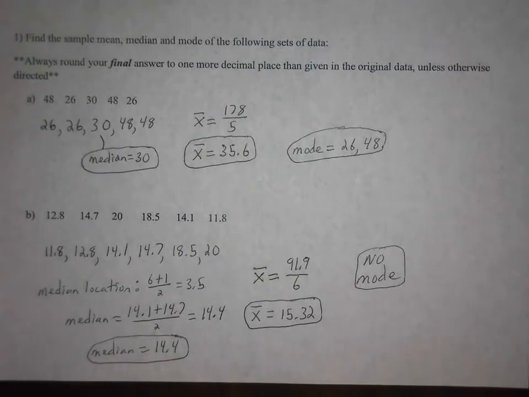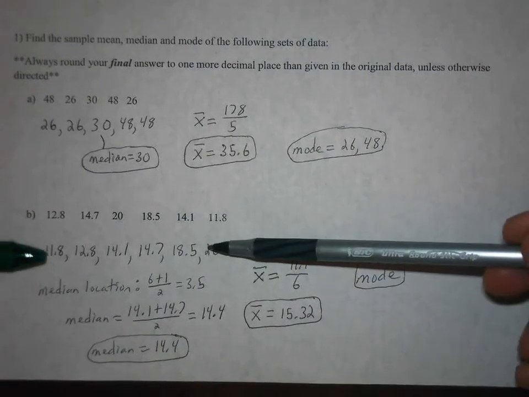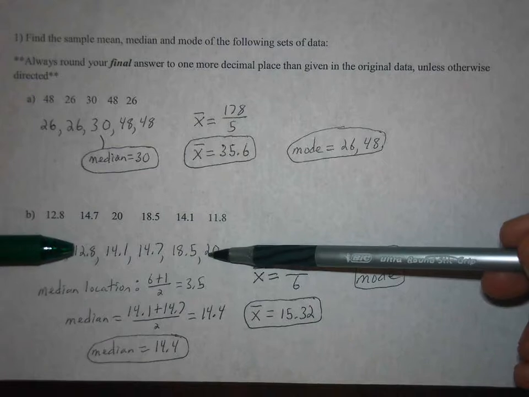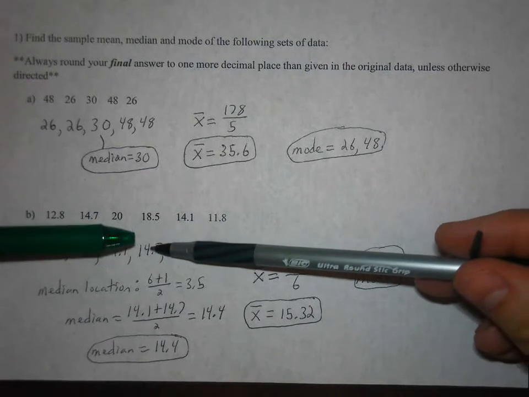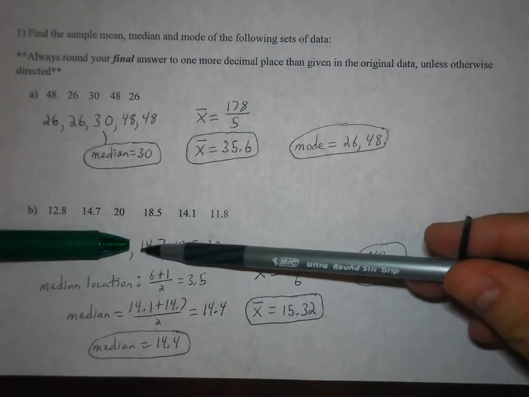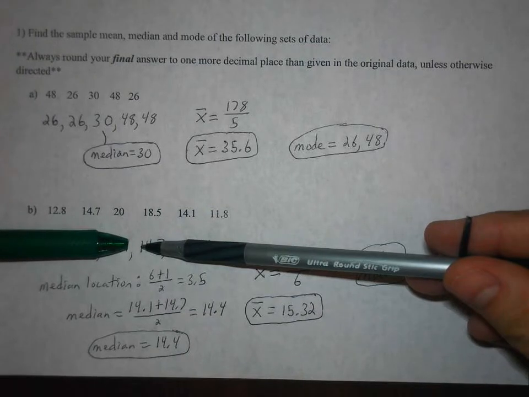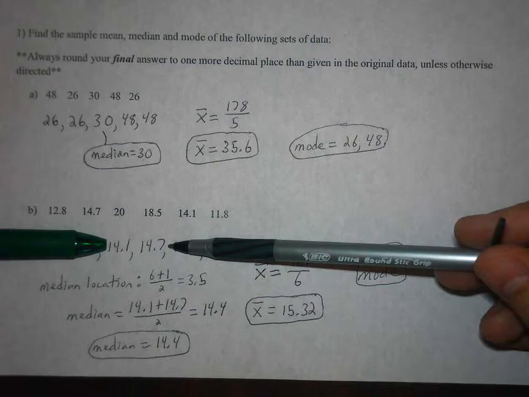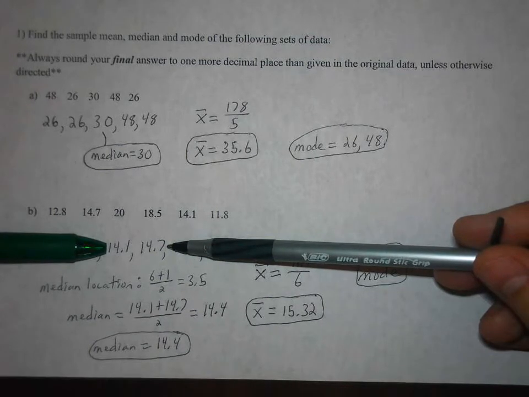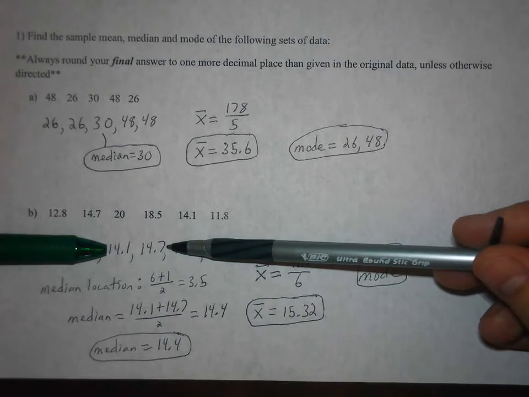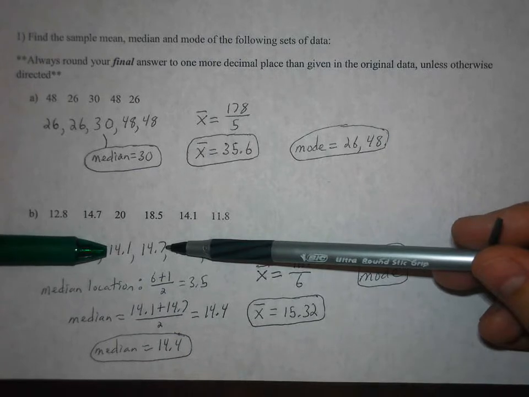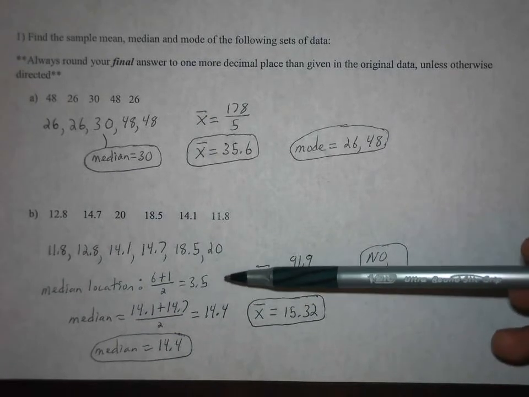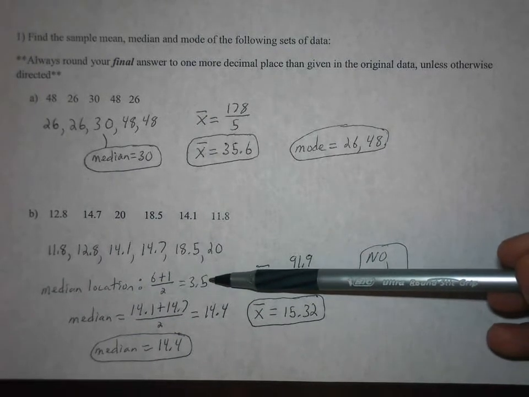Coming in from each side, 11.8 and 20, there's 1, then 2, then 3, and nothing left over. So when your data set has an even amount of values, you average the middle two. To get 3.5 for the location, you would average the third and fourth number.